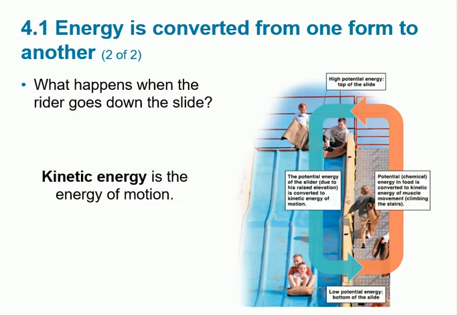So when you're moving down, the energy of motion is called kinetic energy. Is that okay so far? Potential energy is what you have as a potential. You didn't use it yet. Potential energy, stored energy. It can be because of location or structure. And then when you slide or when you do work, this is the kinetic energy, which is energy of motion.